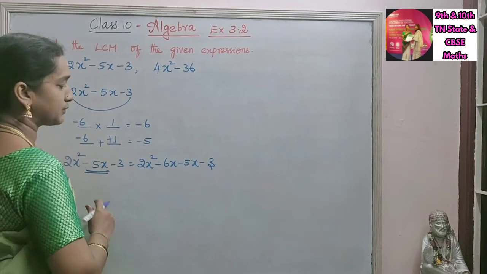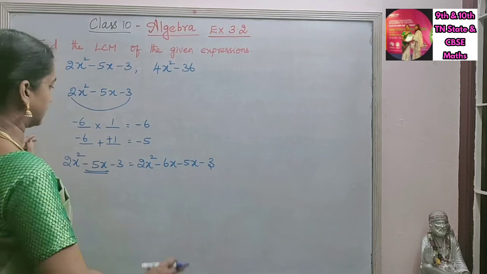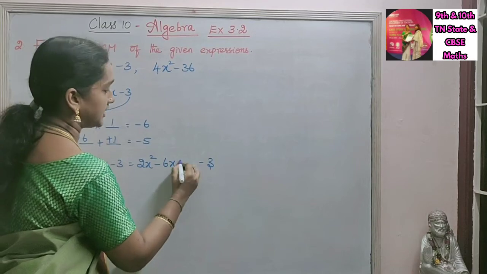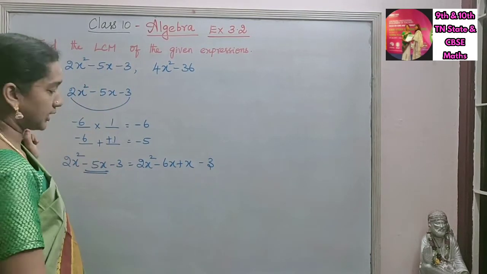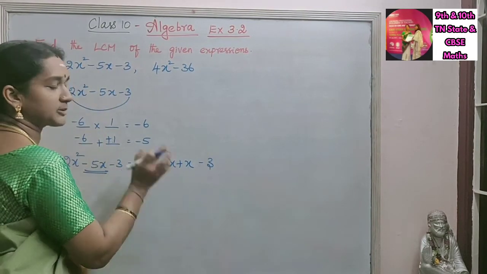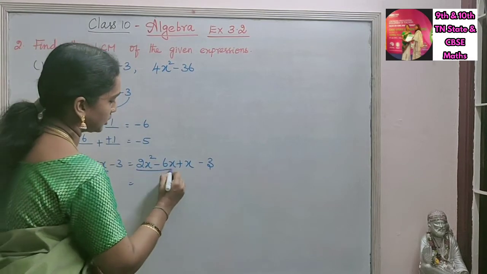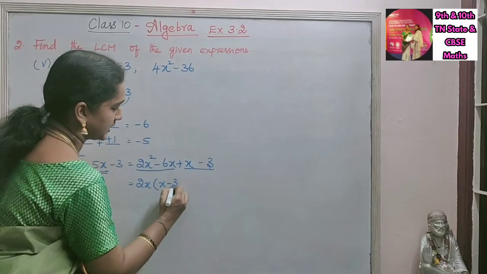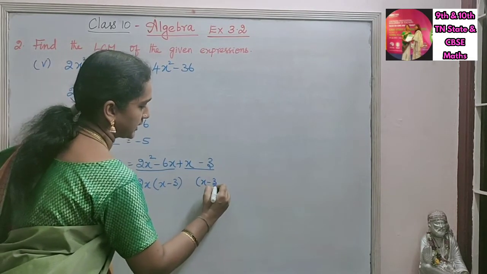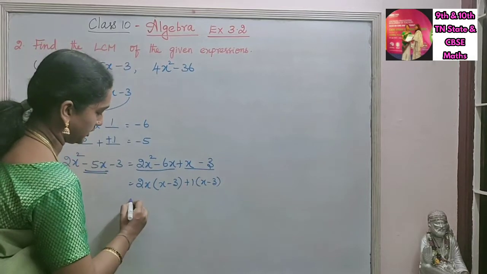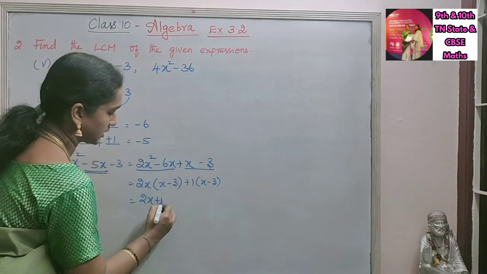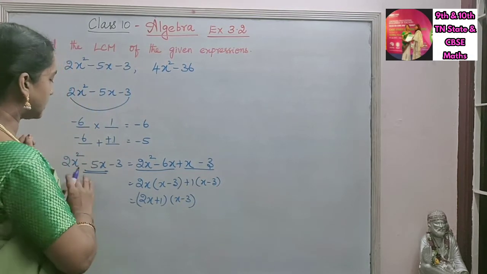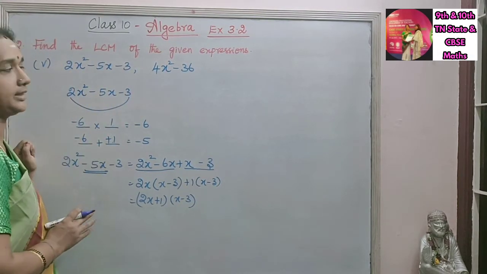So this minus 5x we are rewriting as minus 6x plus x. Taking the first two terms and the next two terms: 2x if we take, we get x minus 3 inside, and x minus 3 plus 1 will be outside. So 2x plus 1 and x minus 3 are the factors of the given quadratic polynomial.